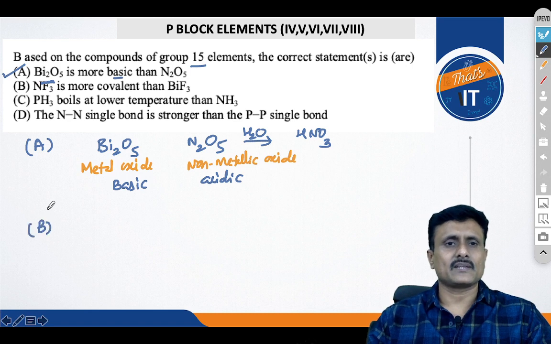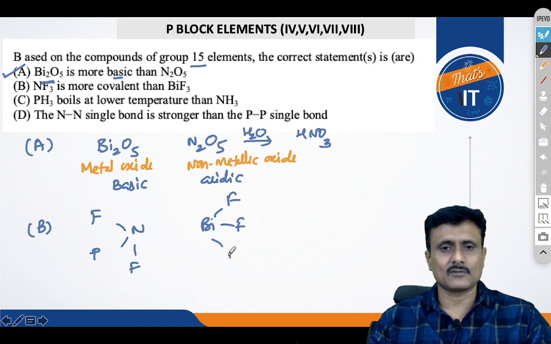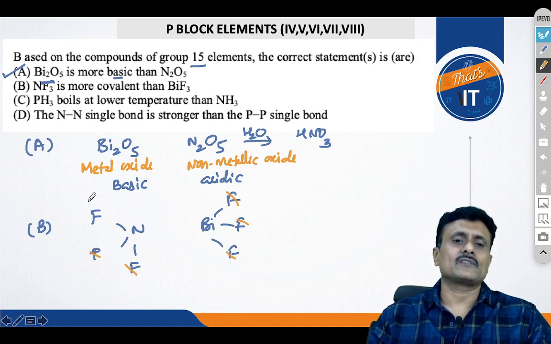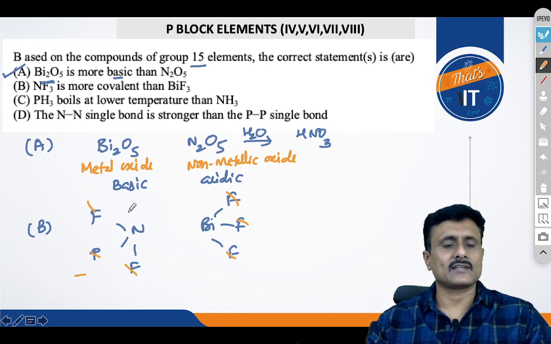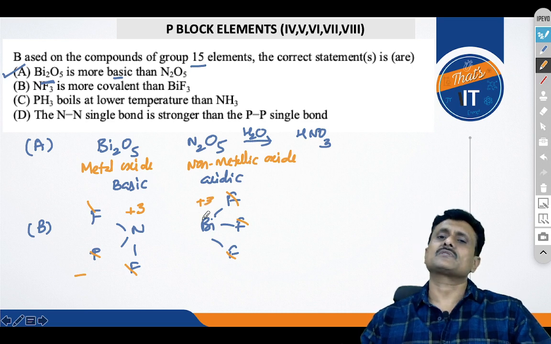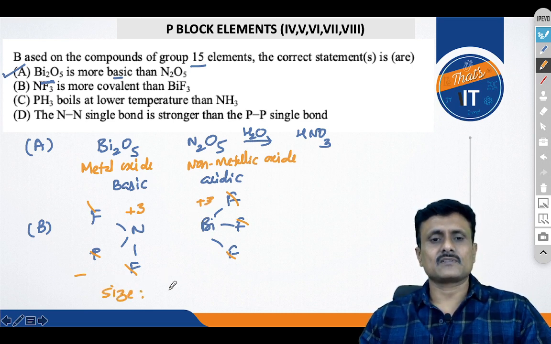Now check out option B. NF3 is more covalent. You see, whenever you are making a comparison, you should see the uncommon part, isn't it? You can see NF3 and BiF3. So common here is fluorine, so I'll ignore fluorine. And you know, fluorine is more electronegative, it gets minus charge, hence nitrogen gets +3 and bismuth also gets +3. So the charges are also the same, but the only factor which is differing for these two is nothing but what?